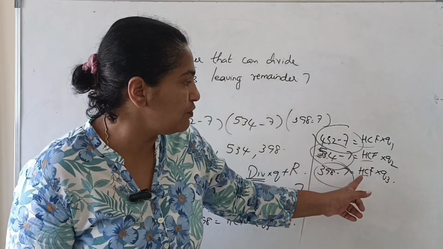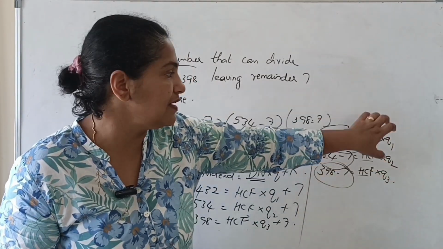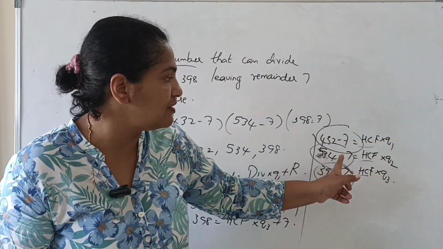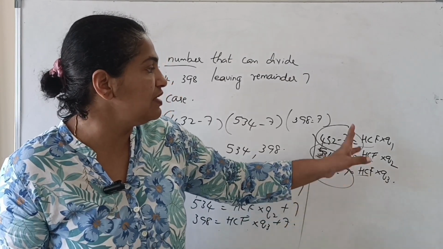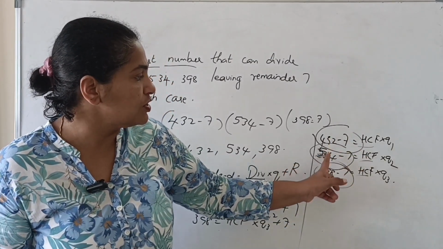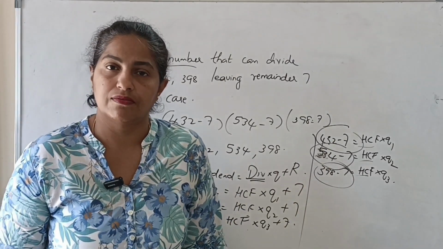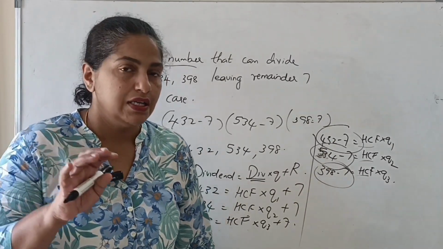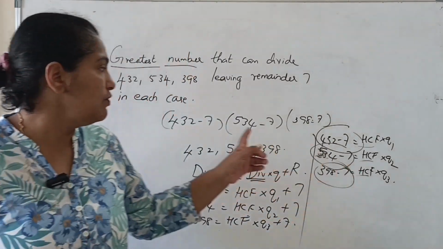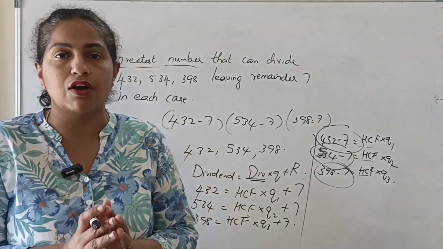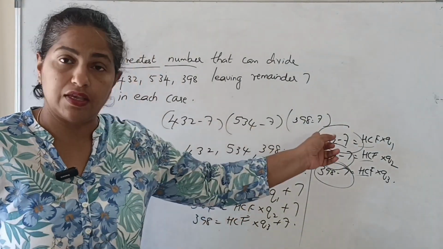So from this set of equations, what do you understand? There is an HCF that is associated with these 3 numbers that will actually leave a remainder of 7 from 432, 534 and 398. Okay. Now, I have explained to you why we have used this particular approach. So let us now find the HCF of these 3.